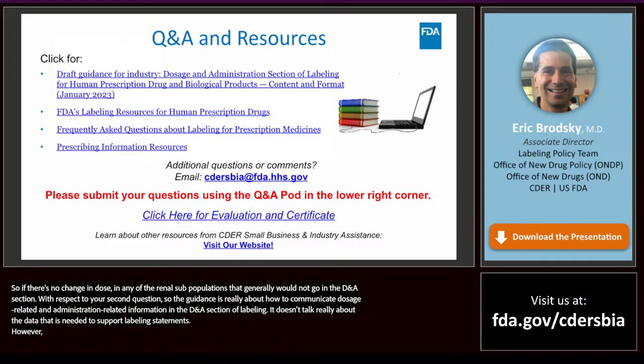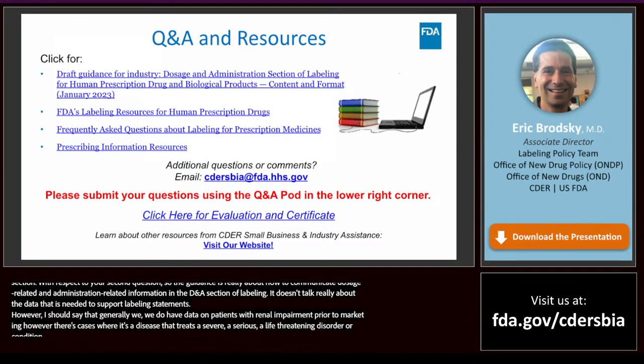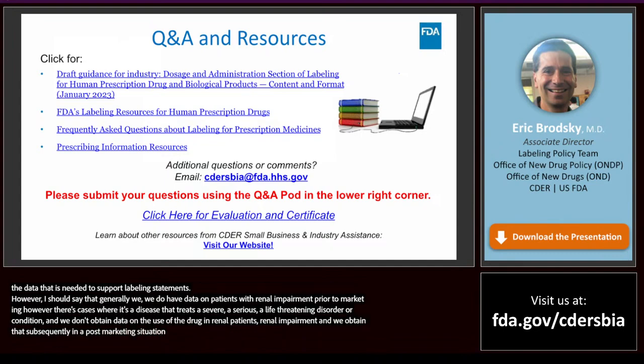However, I should say that generally we do have data on patients with renal and hepatic impairment prior to marketing. However, there are some cases where the drug treats a serious or life-threatening disorder or condition, and we don't obtain data on the use of the drug in patients with renal impairment or hepatic impairment, and we obtain that subsequently in a post-marketing situation, a post-marketing requirement, for example.